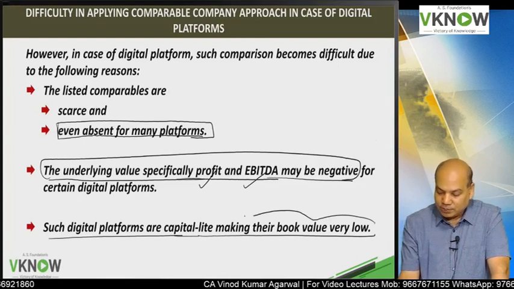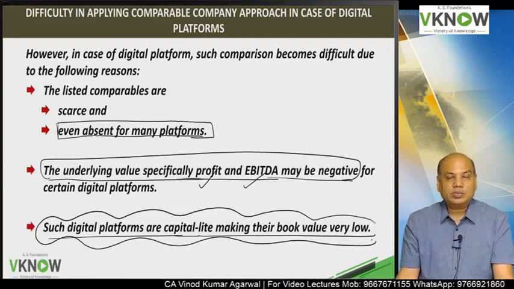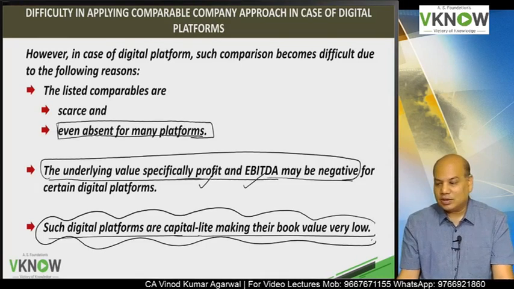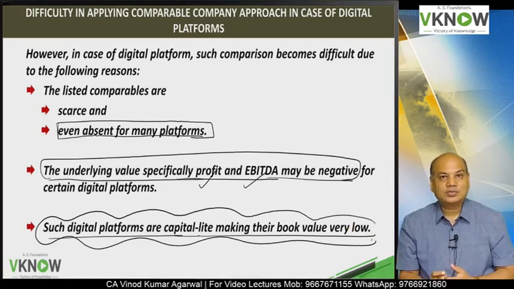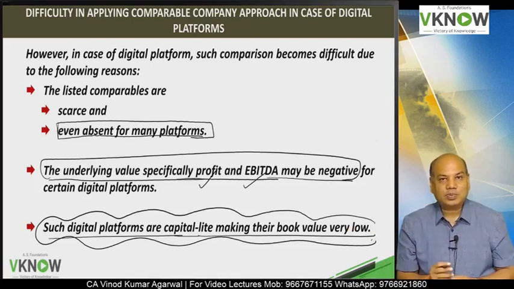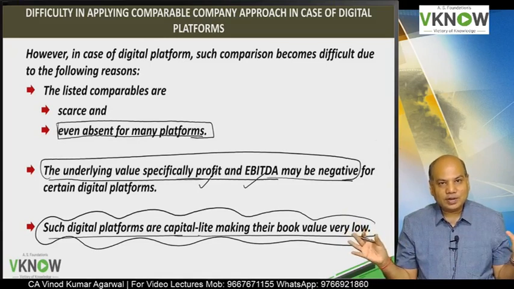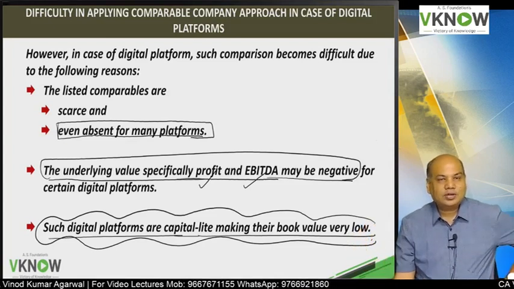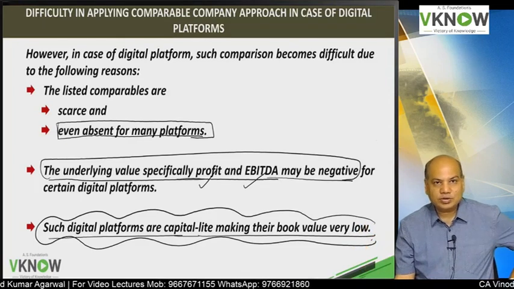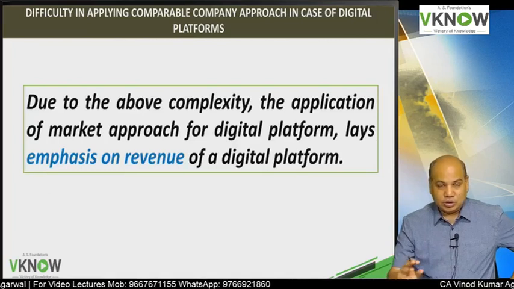So if you want to apply a book value multiple, that is also not appropriate, because these new digital companies may not have assets. The only assets are their website and the intellectual property rights. Their office may be on rent, their computers, infrastructure, electronic devices may be on rental. So really they don't carry too many assets in their books. So applying a book value multiple is also difficult.